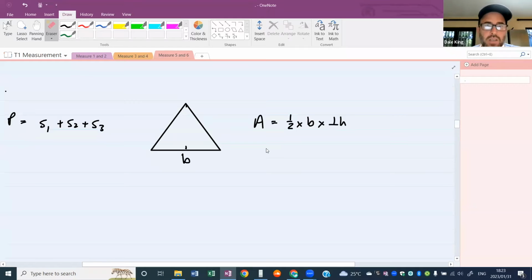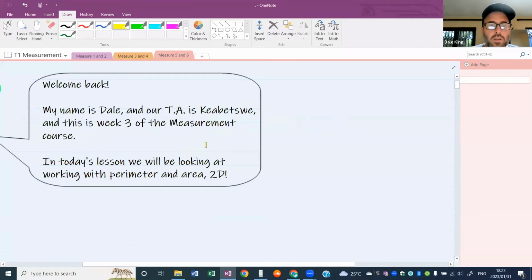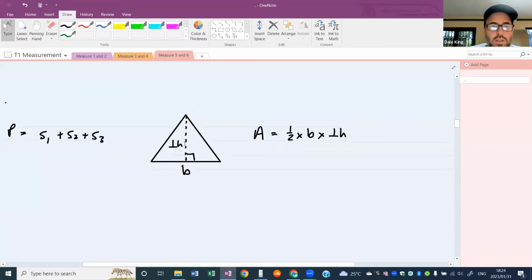and it must come off the base at 90 degrees. So often they will give you a dotted line coming off the base to show you that's the perpendicular height. They'll also show you with the symbol that those two lines are perpendicular there. So look for the symbol and look for the dotted line. I'm going to highlight the B in my formula for the base.